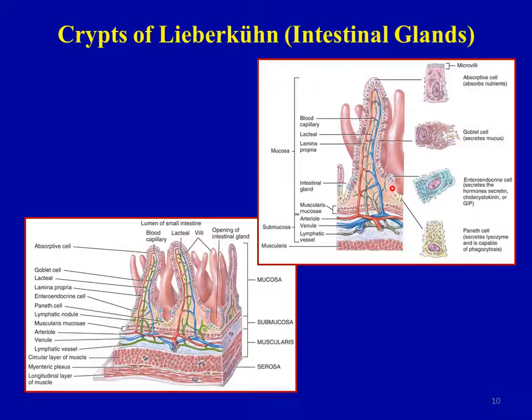If we have a better one, we could see that there are also the stem cells, the cells that are very active in mitosis, and these mitotic cells will generate new cells that will be pushed upward to the tip of the villi, and the old cells are shed off the tip of the villi.